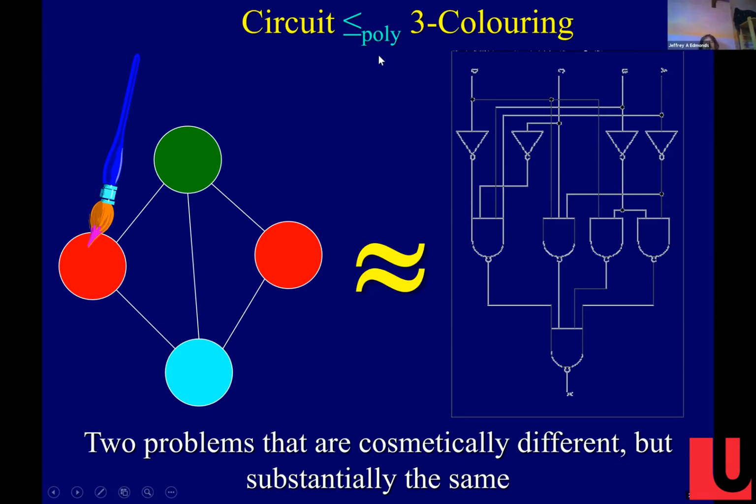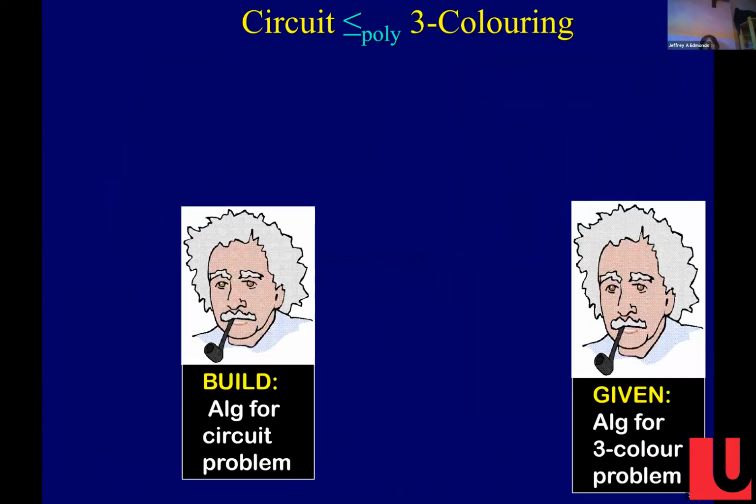All right, so we're going to show that if you have an algorithm for solving 3 coloring, then I'll give you an algorithm for solving the circuit satisfiability problem. So what are we doing? I'm given a circuit and I want to know, is it satisfiable?